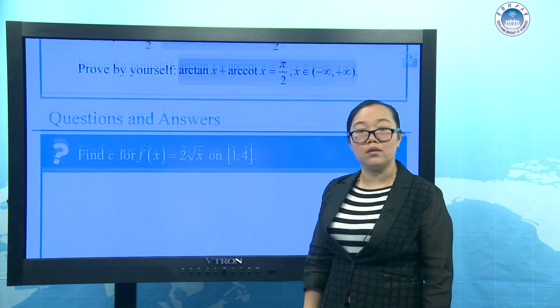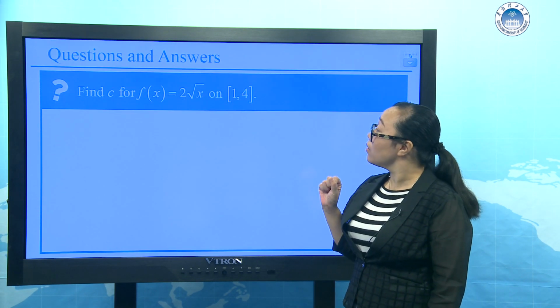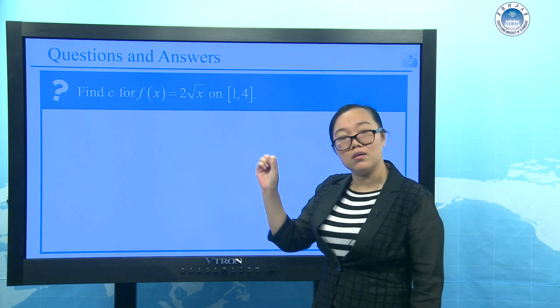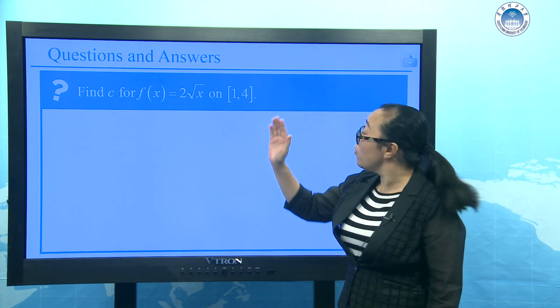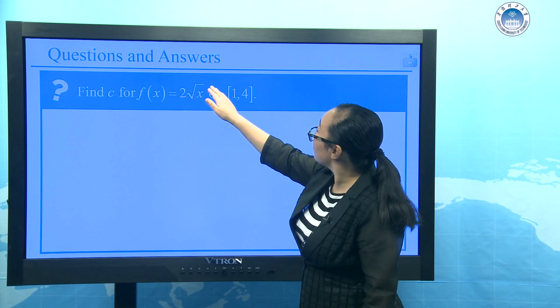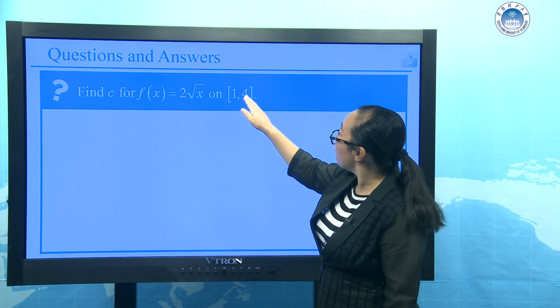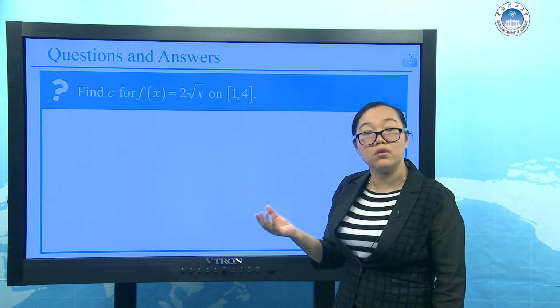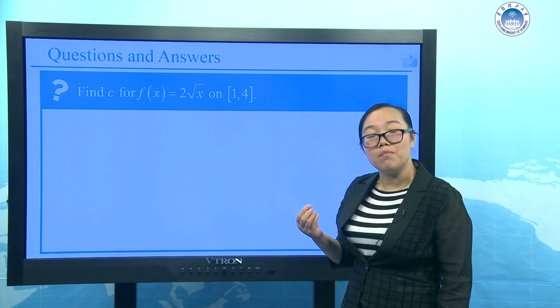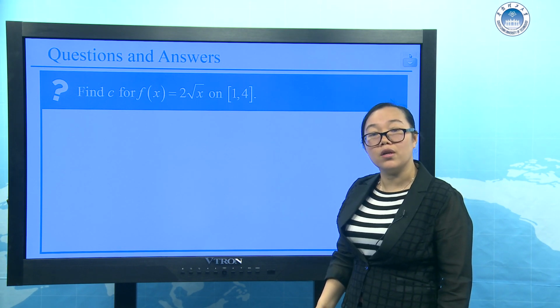So now look at this question. The question is, try to find the c. C means some concrete number. For f(x) equals 2 square root of x on the closed interval 1 to 4, how to find the c satisfying the mean value theorem?